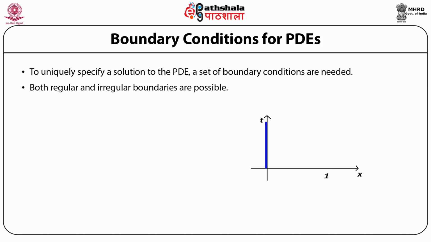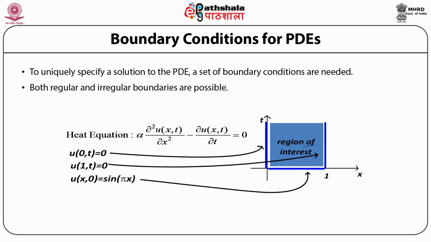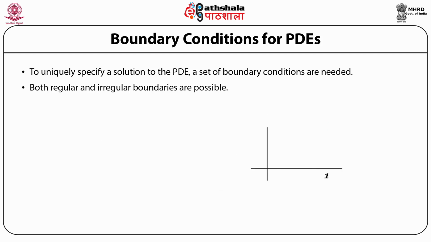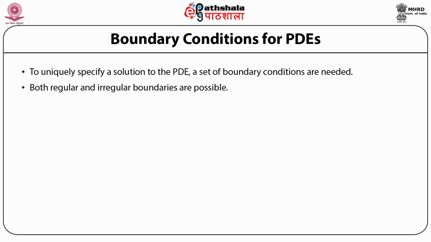That means if the temperature on the left boundary, irrespective of time, is 0, then only you can write this. This can happen only in an insulated condition. So if your setup is not insulated, do not write u of 0 comma t is equal to 0.